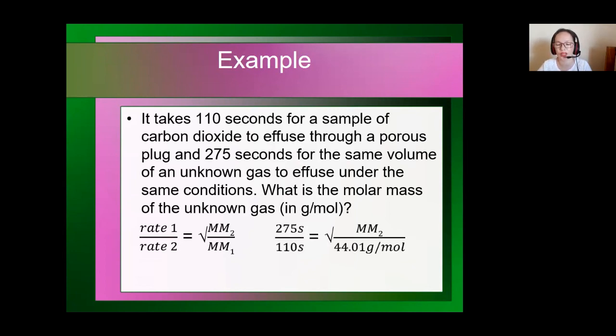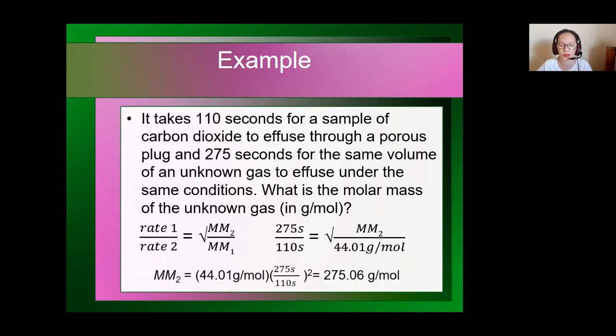Substituting all the values, we have 275 seconds for the unknown over 110 seconds equals the square root of the molar mass of the unknown gas over the molar mass of carbon dioxide, which is 44.01 grams per mole.